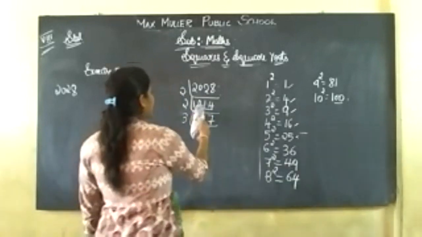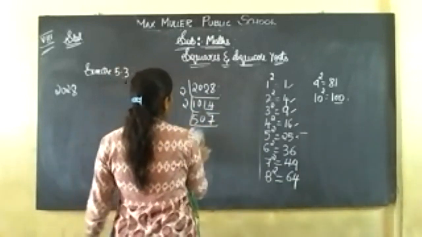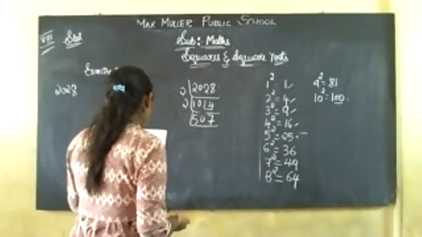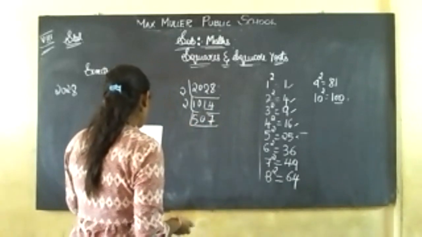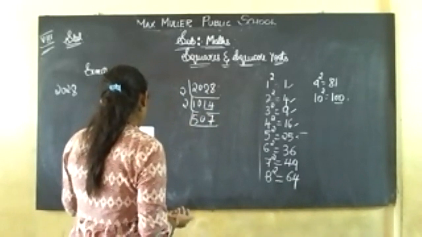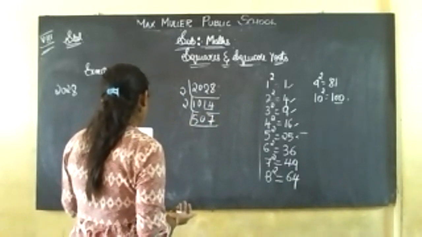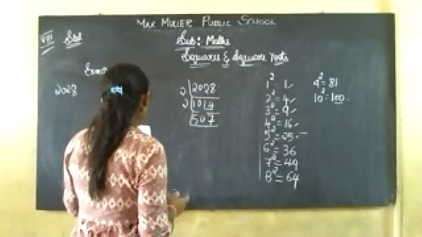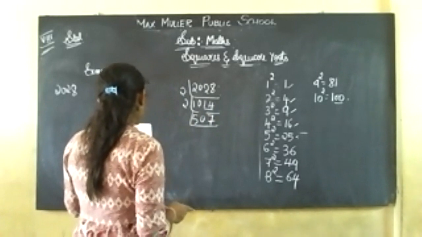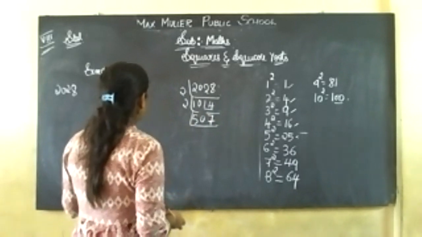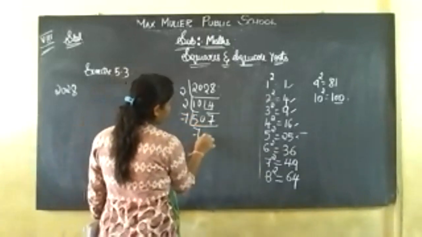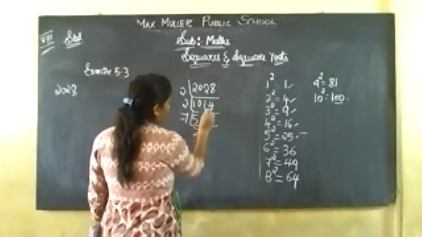3 ones are 3, 2 carry. No, you can't. So we'll try for 3. 3 ones are 3. We'll do for 7. 7 sevens are 49. So 1 you will get.